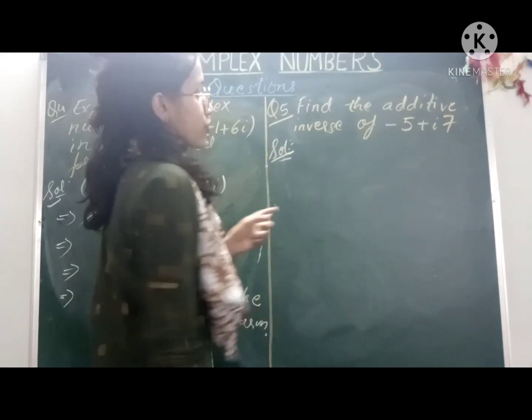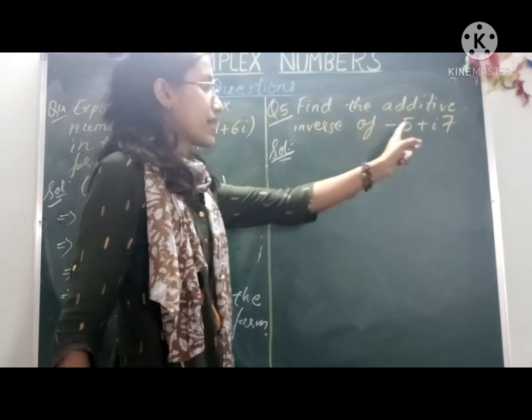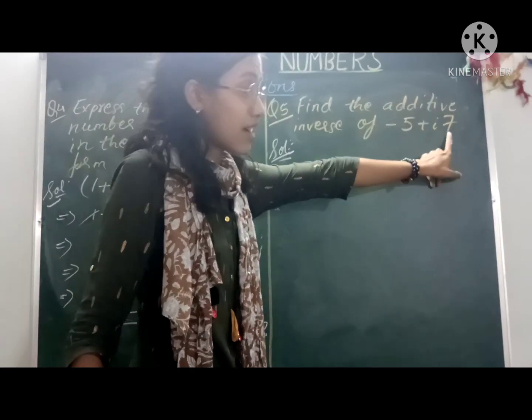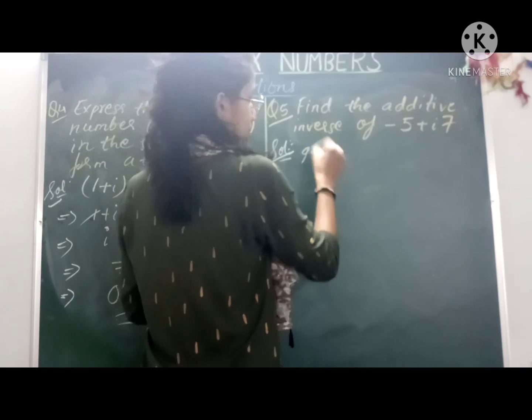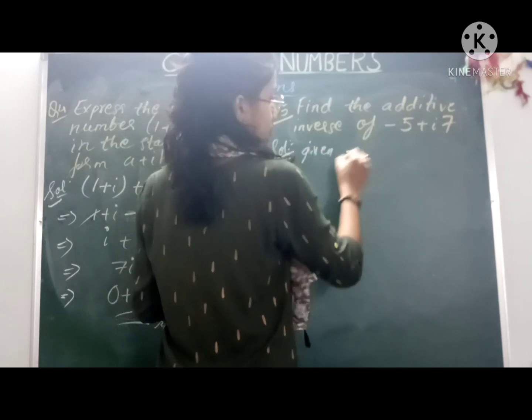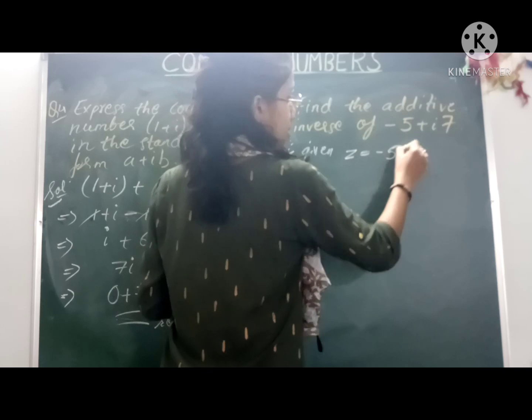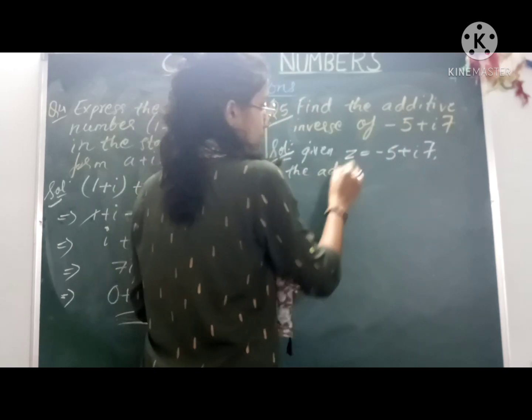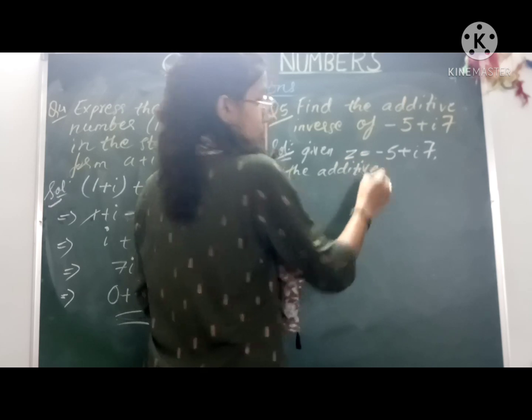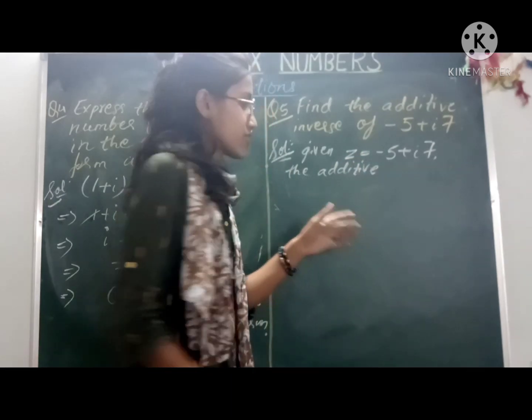They have asked you for finding the additive inverse of minus 5 plus 7i. Okay, iota 7 given. z equals minus 5 plus 7i. You have to write the steps like this to increase your marks.